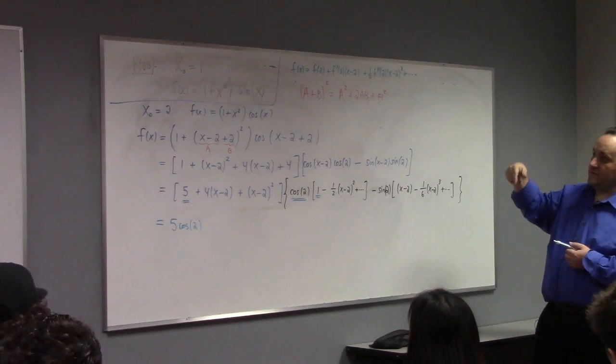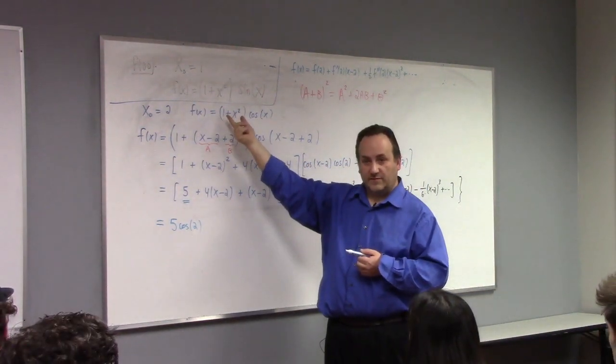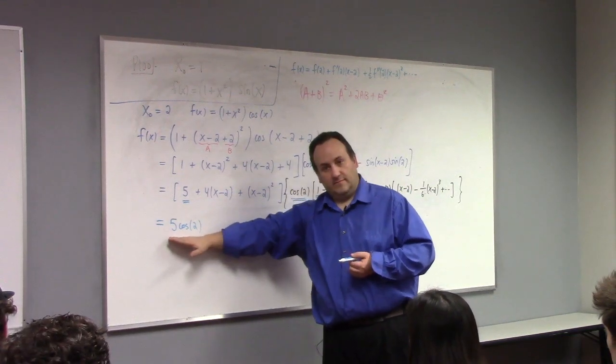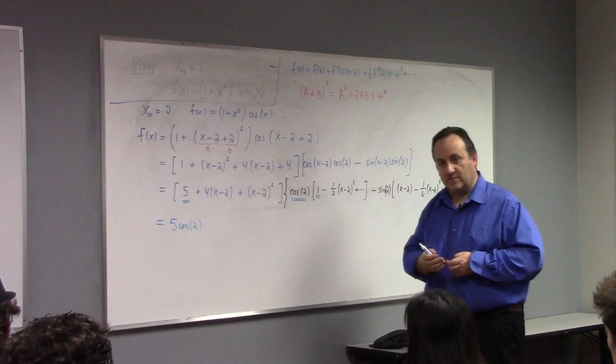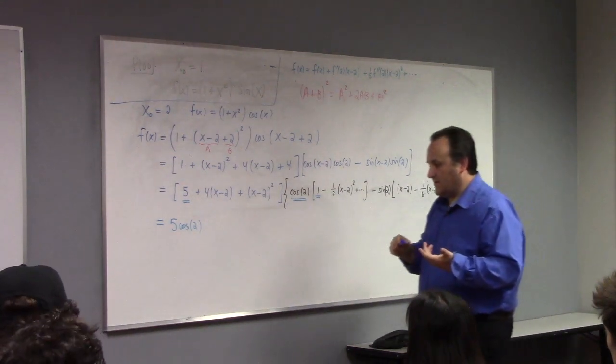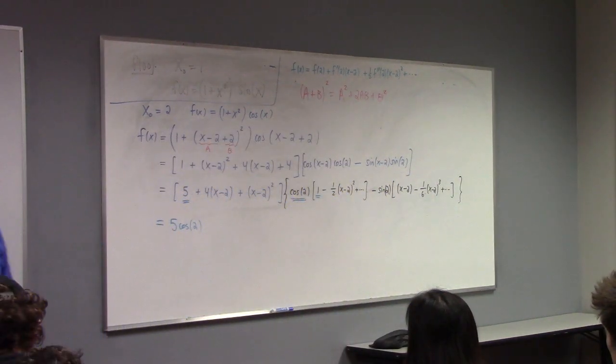And what is f of 2? Plug in 2, what do you get? 1 plus 2 squared, which is 5. 5 times the cosine of 2, that checks. Now checking past there will require differentiation, which will beg the question, why didn't we just use Taylor's theorem to start with? So that's as far as I'm going to check.